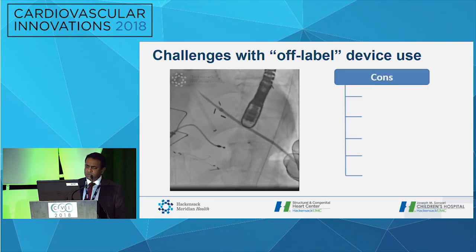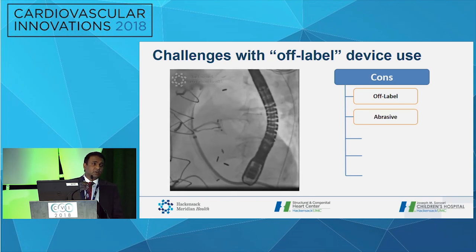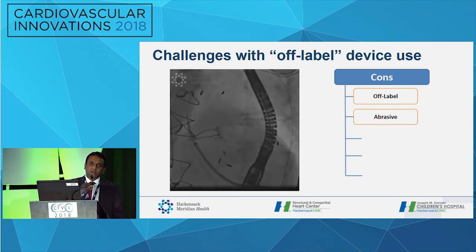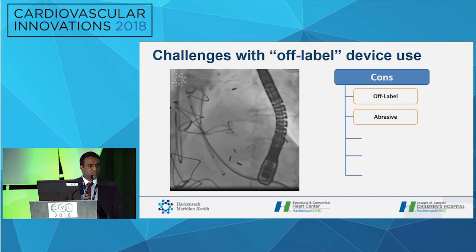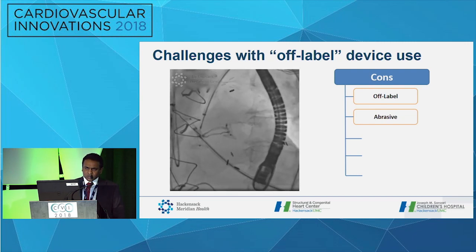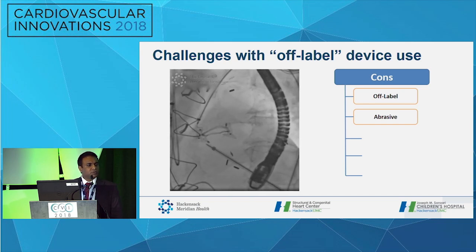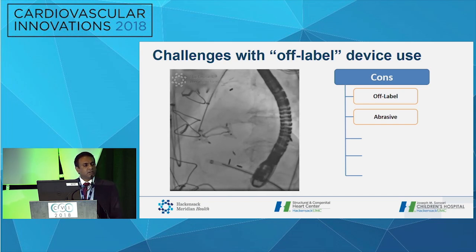Most of the cons with these devices are, one, as I mentioned, they're mostly off-label. And they're very abrasive. They're made of nitinol woven structures. They can cause injury to adjacent structures, perforations, corrosion in the long term, and they can also cause hemolysis.